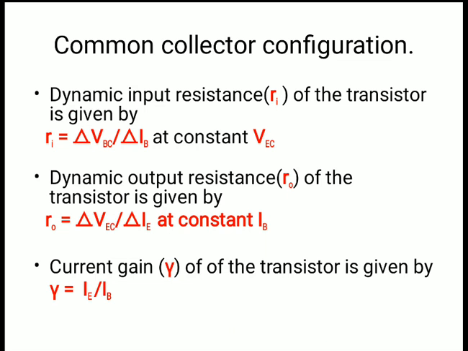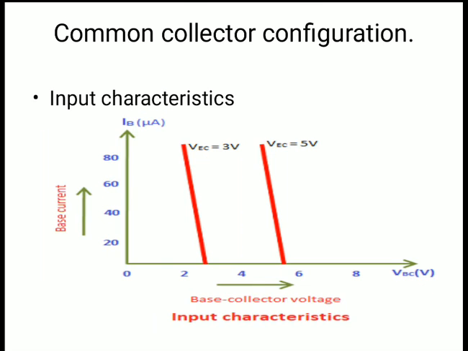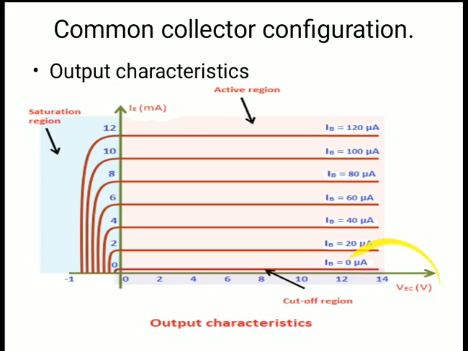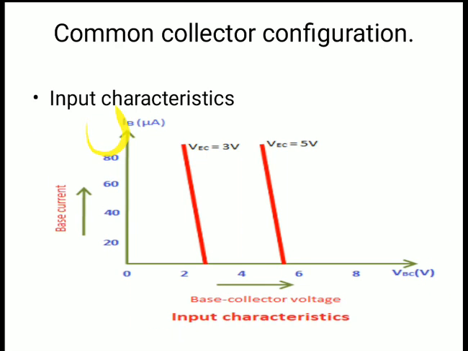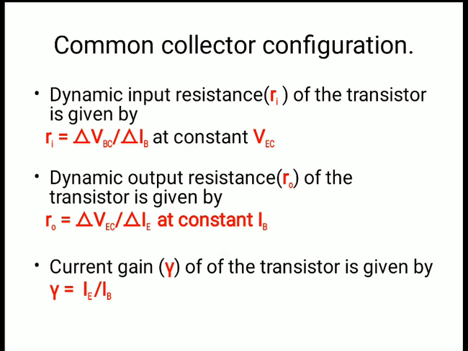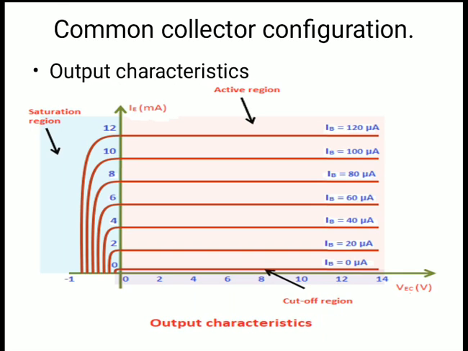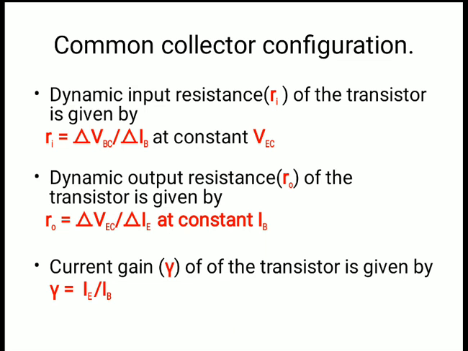Again, this is the dynamic input resistance, that is input voltage upon input current. You can see here input voltage is VBC and input current is IB, so it is VBC upon IB. Then dynamic output resistance is VEC upon IE at constant IB.